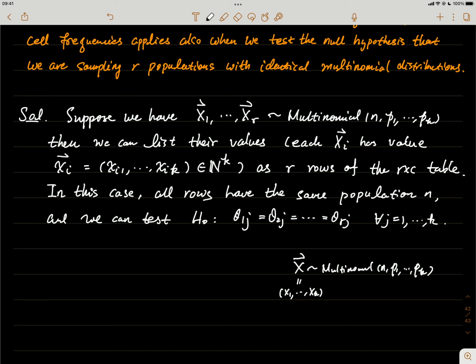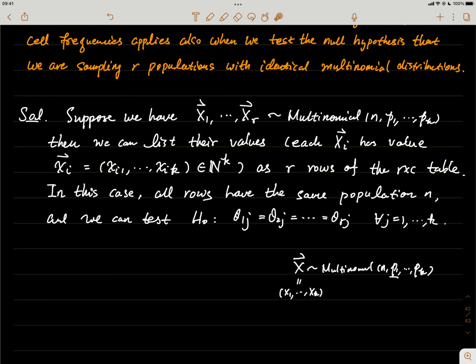So what that means is you have n objects, you distribute them into k drawers, and the first drawer will have a probability p1 of getting each of these objects. So you have n objects distributed into k drawers, and each drawer has this property.